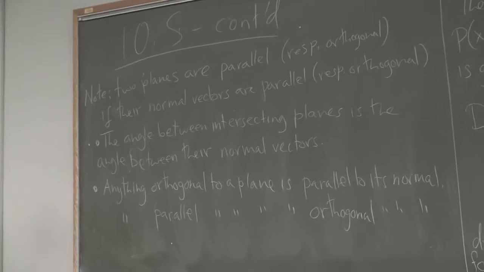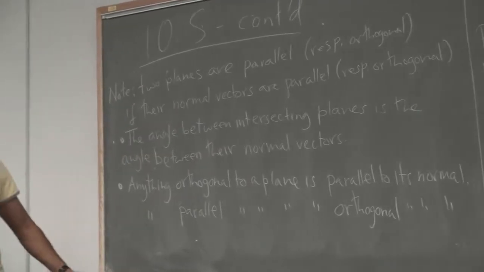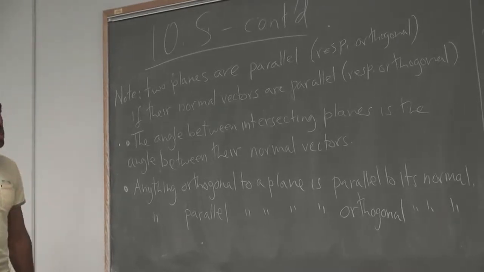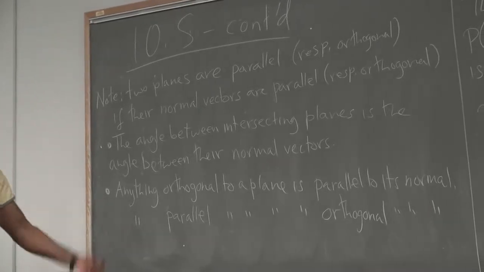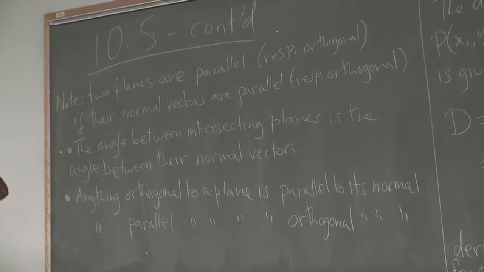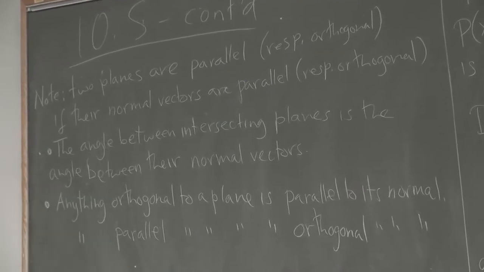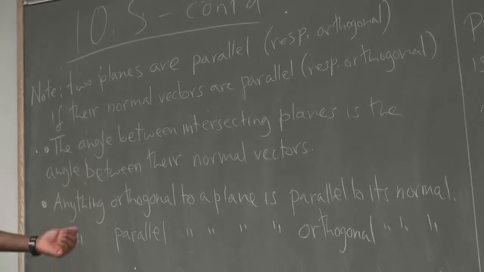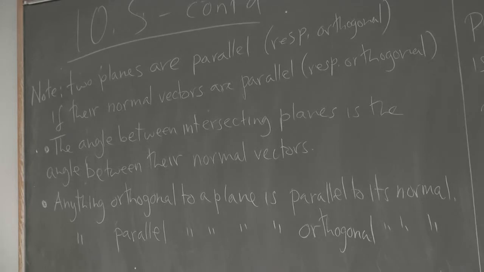Very important concepts that, again, might look simple when you're writing on the board, but it pays to actually be firm on the basics and make sure you read these and know them in the depth of your soul so that no one can confuse you, right? Two planes are parallel or orthogonal if their normal vectors are parallel or orthogonal, right? Just like with lines, we can tell if they're parallel by just looking at their direction vectors.